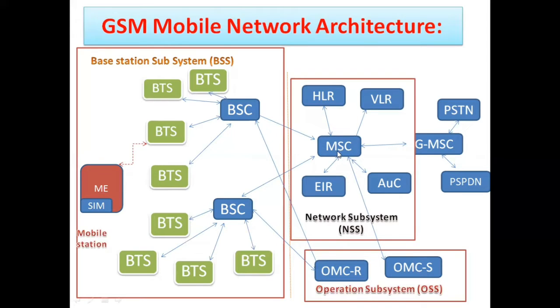So before processing the call, the mobile switching center will first validate and check the equipment, and the SIM is verified through the HLR. Then only will it further process the user request. It may be voice or it may be data. Whatever type of service he is requesting, accordingly it will be processed after authentication.